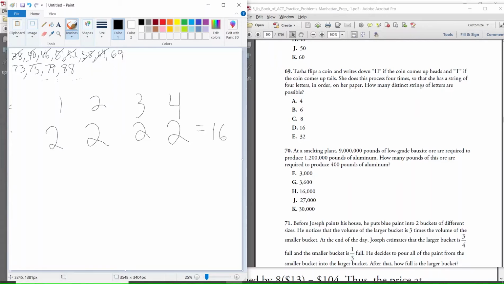Now, that's if order doesn't matter. I've got to think for a second. It doesn't matter if the first one is heads or the first one is tails. So it could be either one. So there's 2 distinct possibilities. In reality, it could be heads, tails, or tails, heads.